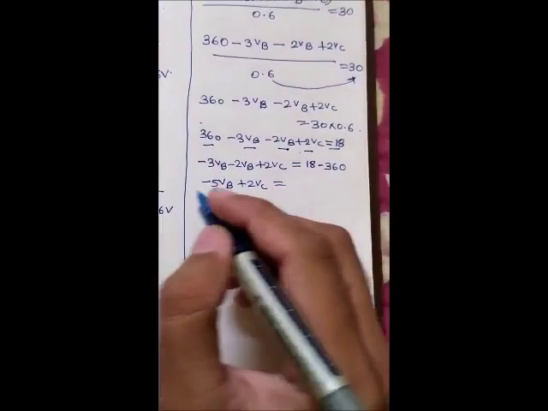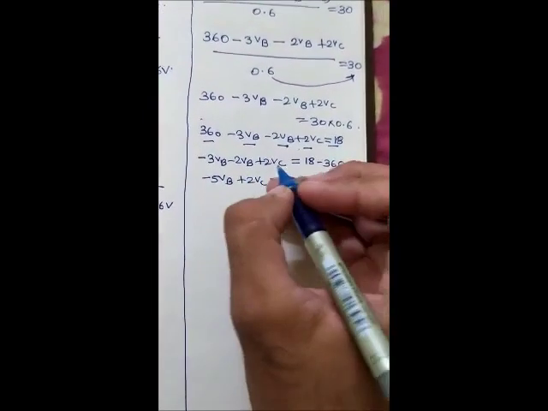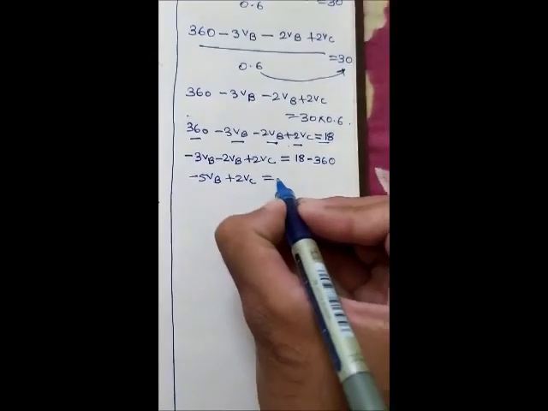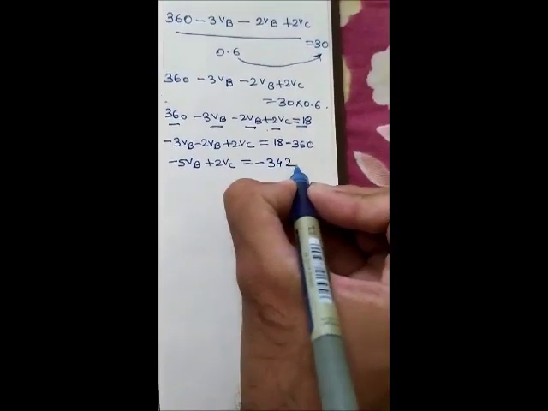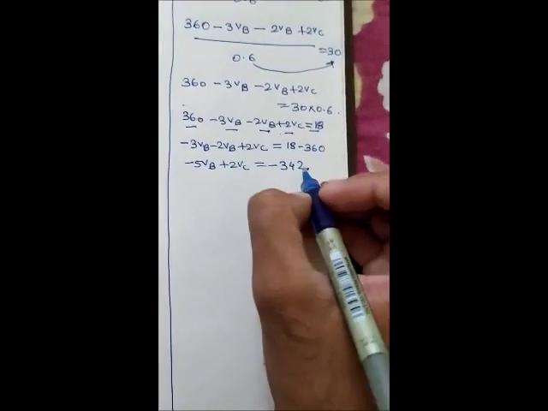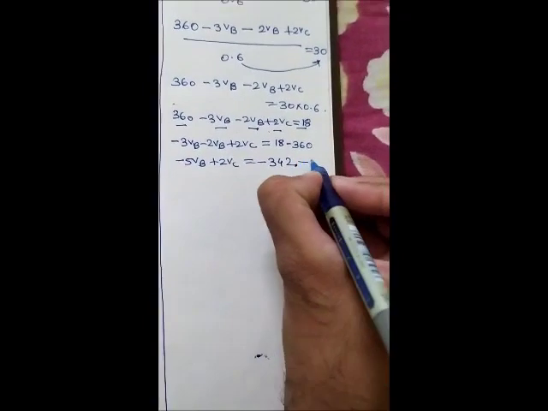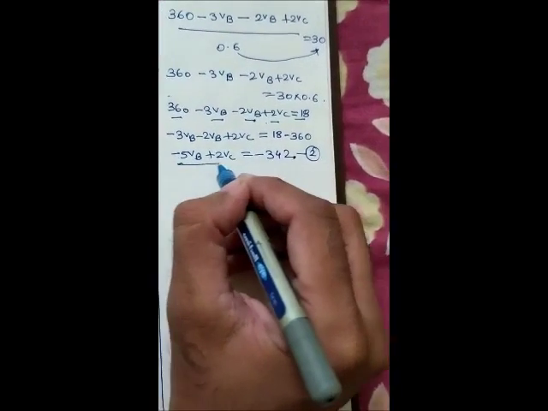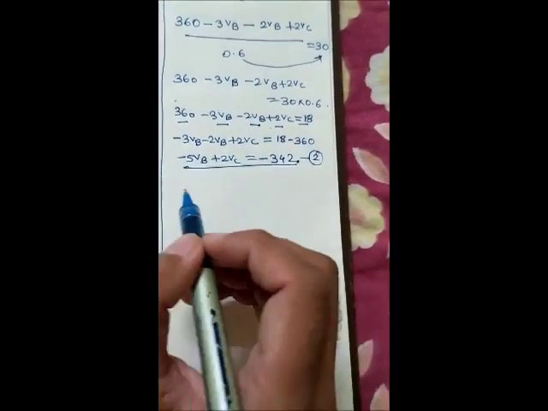So minus 5VB plus 2VC, and 18 minus 360 is minus 342. Okay, so this is equation number 2. This is the one simultaneous equation formed for node B.